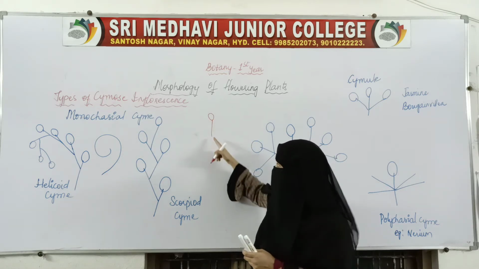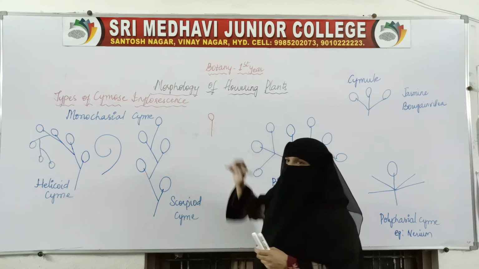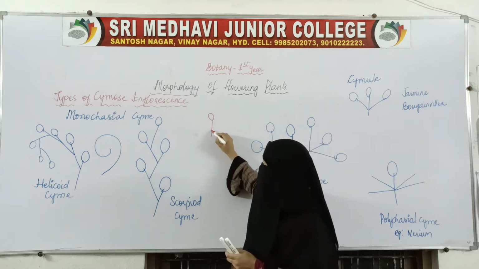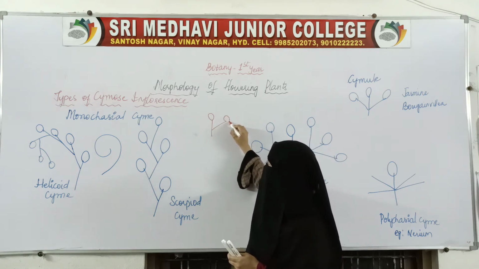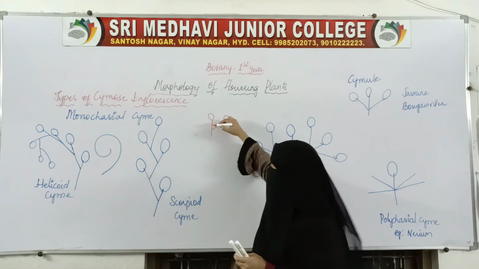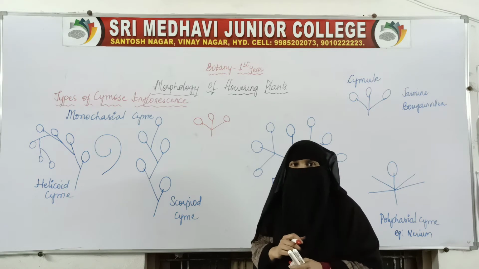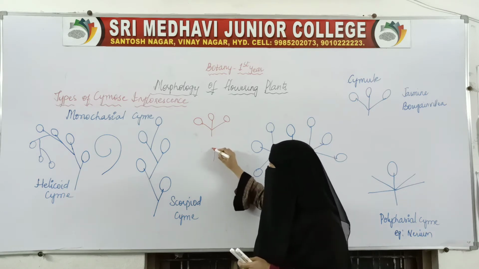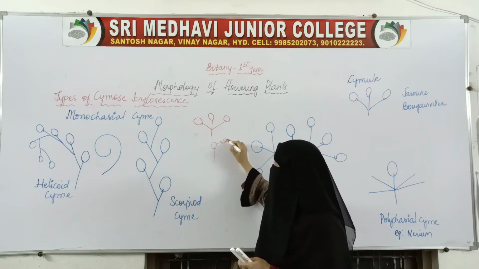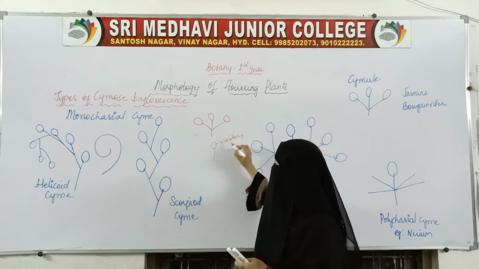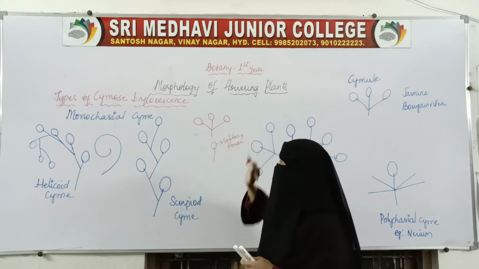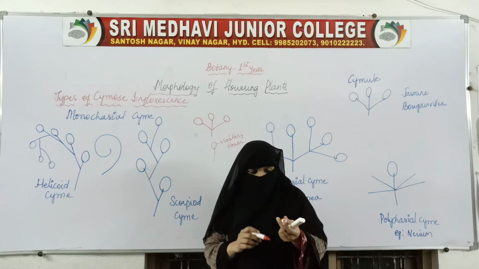If it gives branches, these branches will also terminate into a flower. If there is a single flower at the tip, this is called a solitary flower.